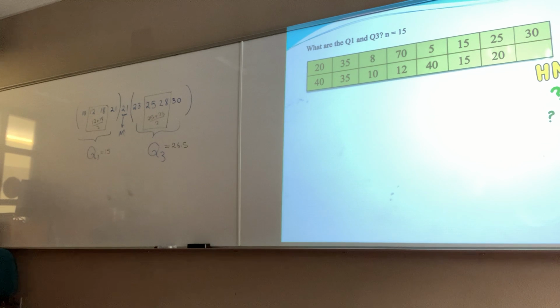So you have 15, which is an odd number. You have the midpoint here, 7 here, 7. Oh, good. Yeah, so all of them are odd. Very good.